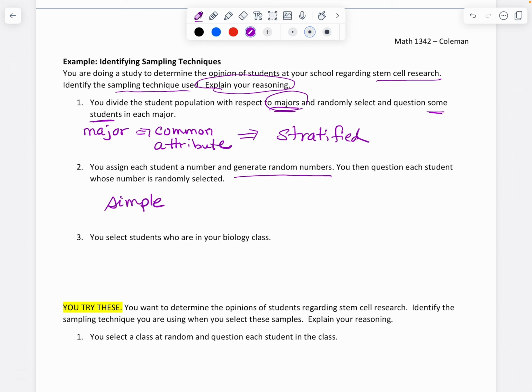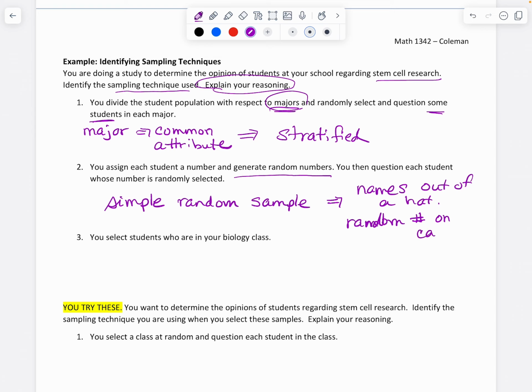So this is a simple random sample, because literally we are picking names out of a hat. Or if your technology works, random numbers on a calculator. I'm sorry, my calculator's not working right now.